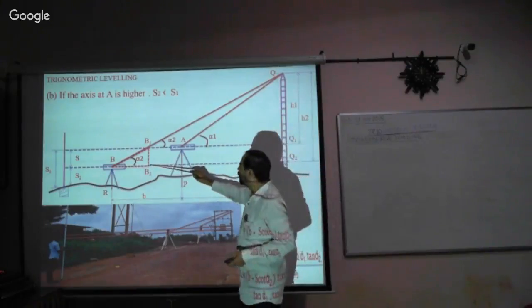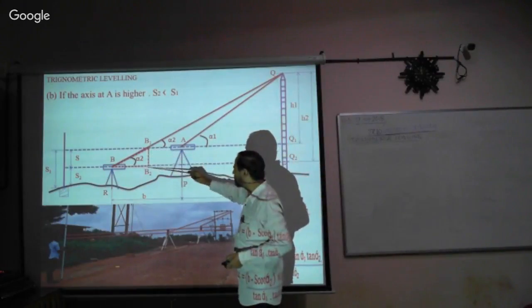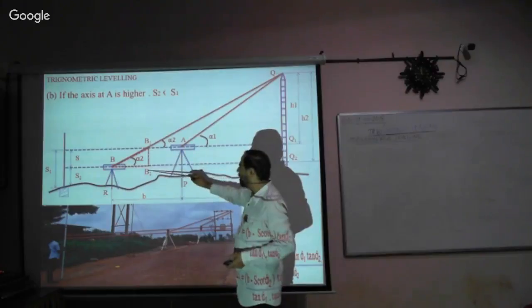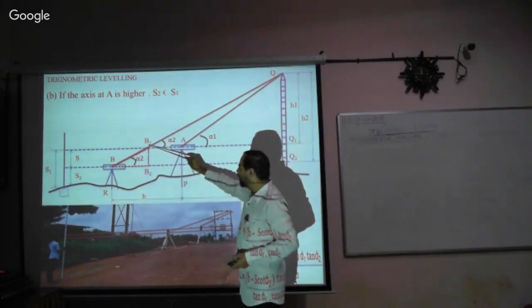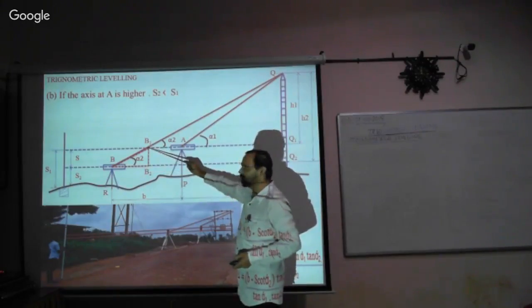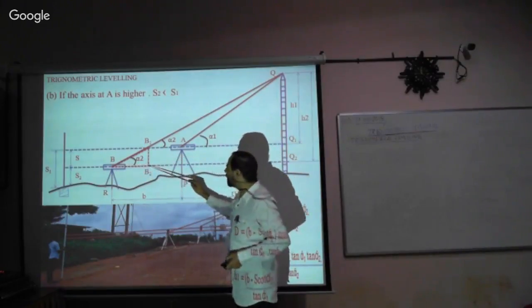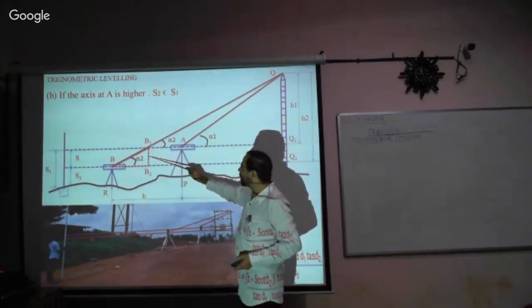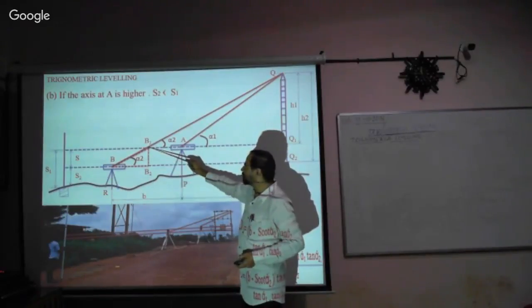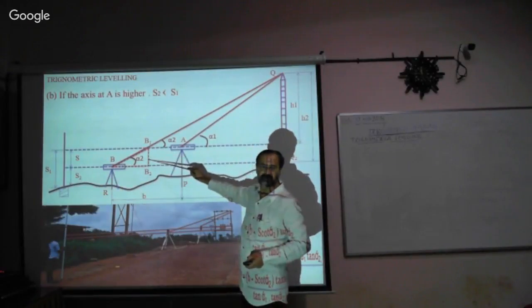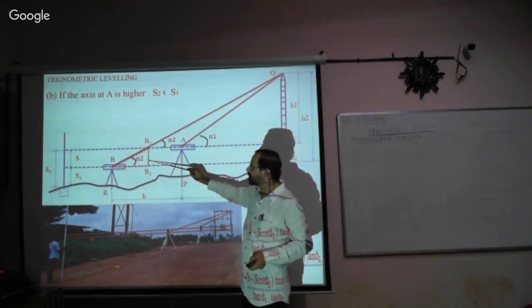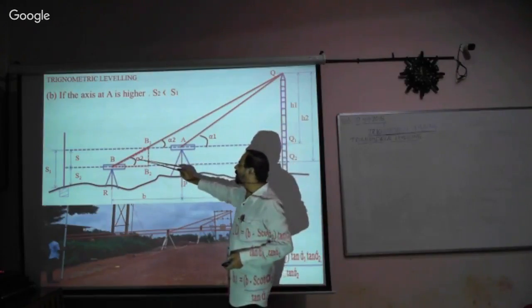Now just project this. From here, drop this line from this junction and then calculate this distance. To calculate this distance, see, this is S1 minus S2, that is the difference between the stadia readings, and this is alpha 2.